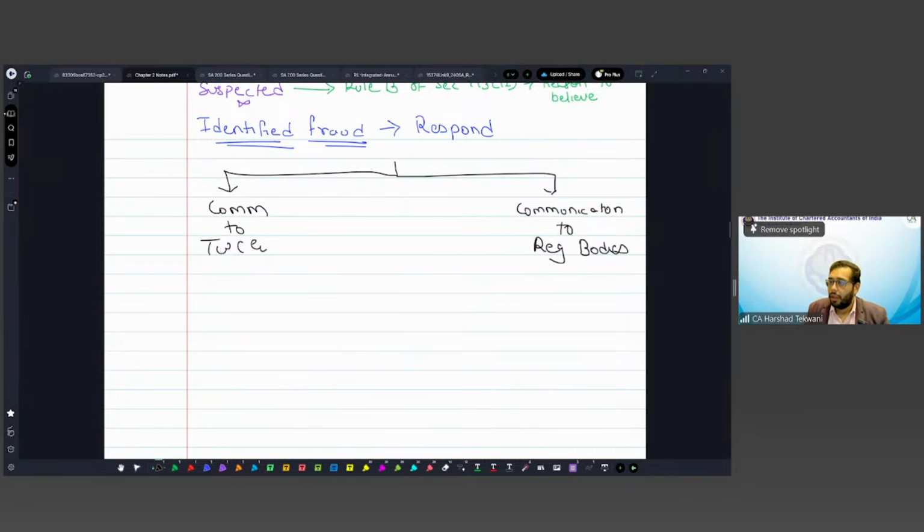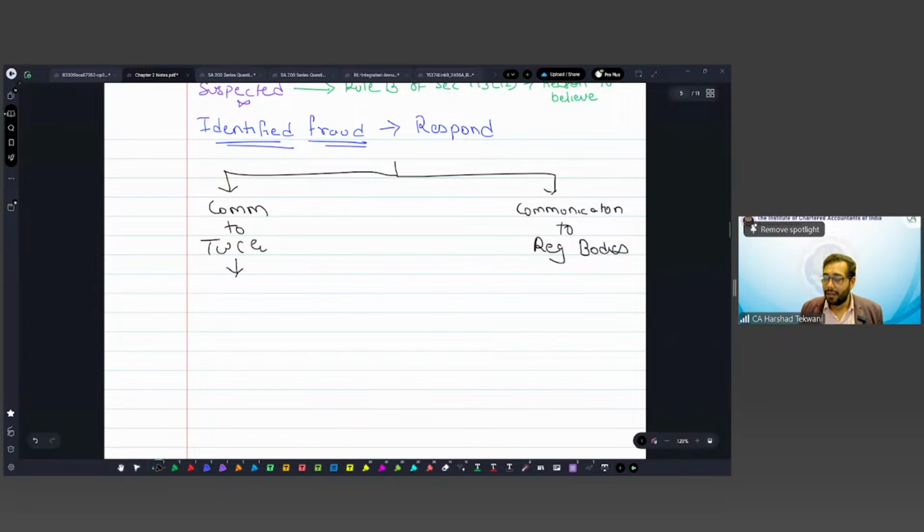In those charged with governance, you will communicate to them that, management, I have identified fraud, or I suspect there is a fraud. In companies, there is a procedure that you are required to follow under Rule 13. You seek their responses.